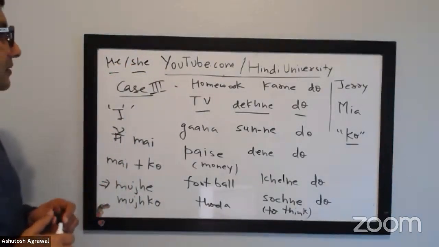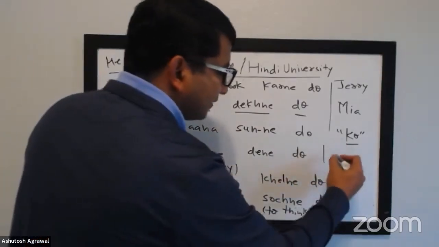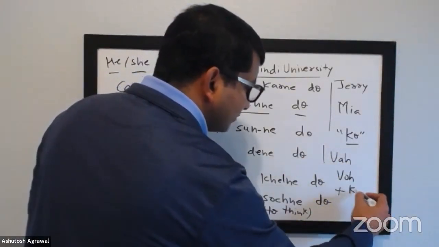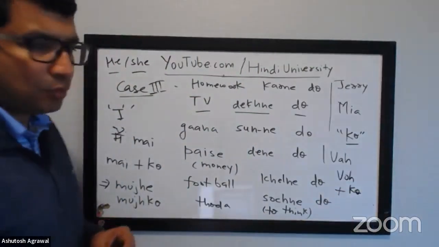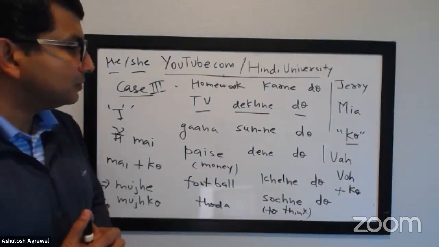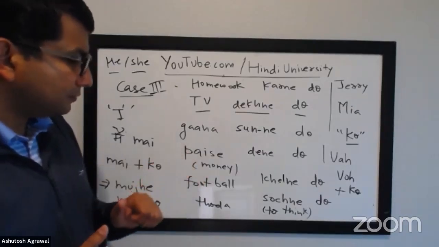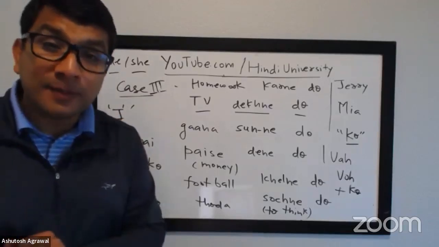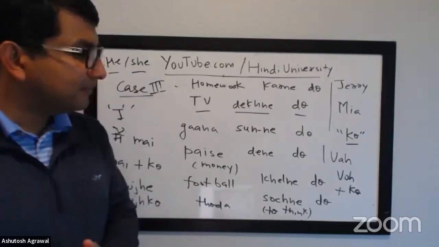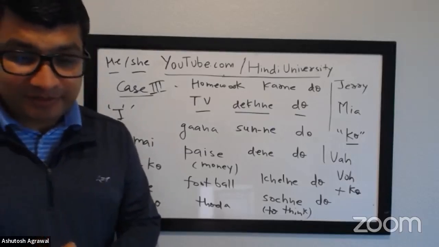He or she in Hindi is वह or वो, and you add ko next to it, and it becomes उसको. Very good. Usko. Now try. उसको काम करने दो. Very good. What does it mean? Let him do his work, or let her do her work. Awesome, amazing.